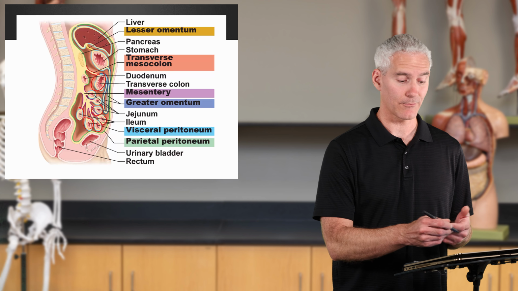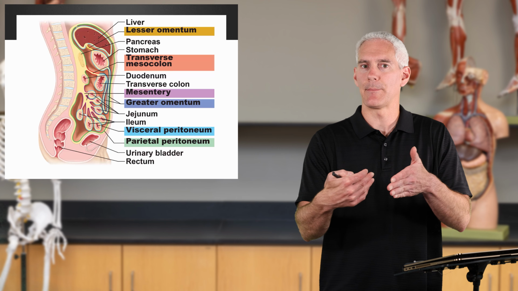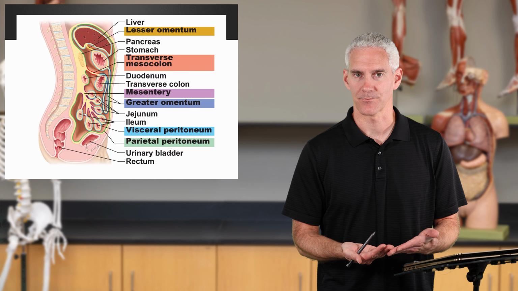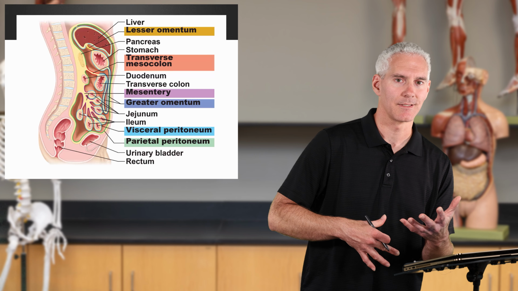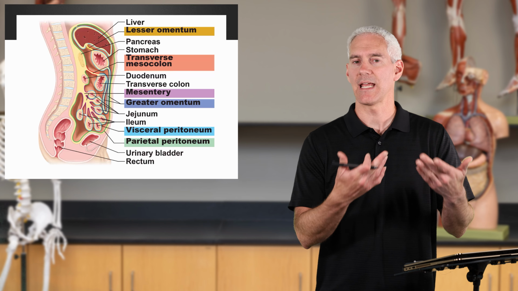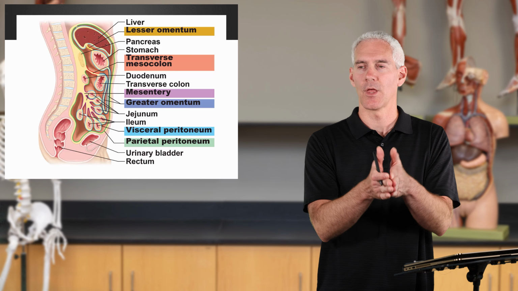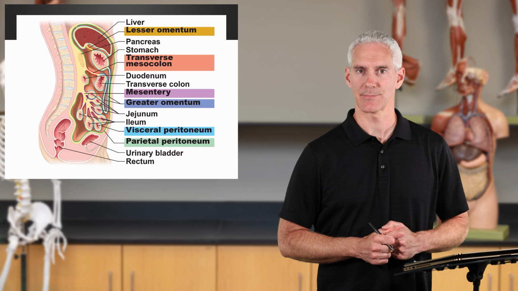It's basically like saran wrap around all the organs. That's creating that double membrane system, reducing friction. Because as you move, as you bend, those organs can slide around. When segmentation is occurring, when peristalsis is occurring, those organs are moving. You want to reduce as much friction as possible.